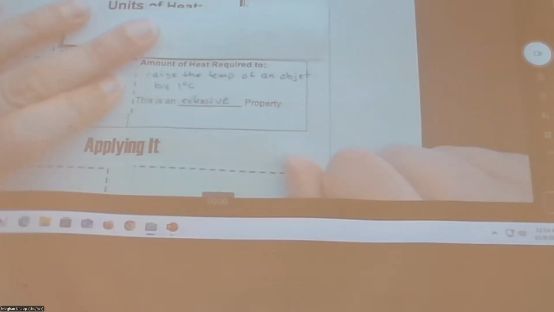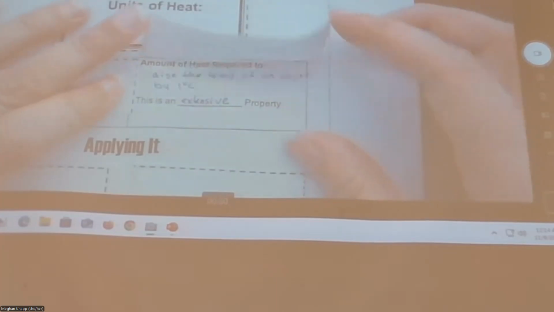So since it's going to matter what that object is, then it is an extensive property. It is not per gram. I can't just look at one part of the calorimeter. I can't just look at this corner and have it be the same as that corner. It's going to matter where it is, and it's going to matter what it is.